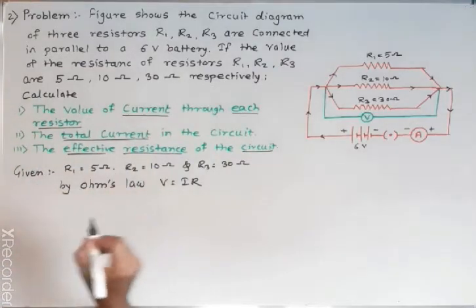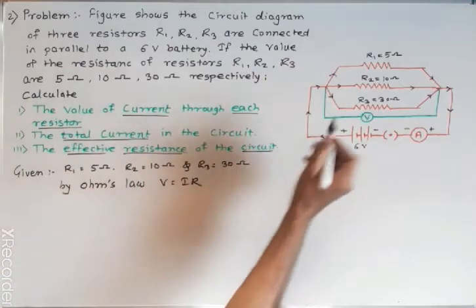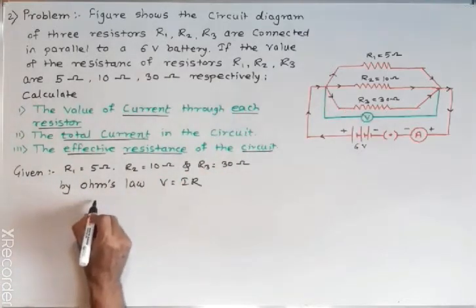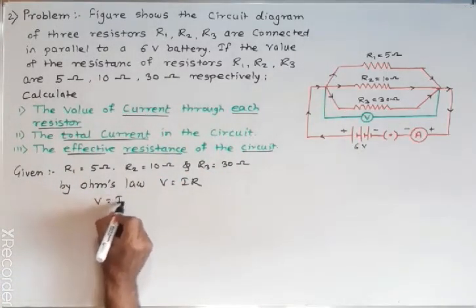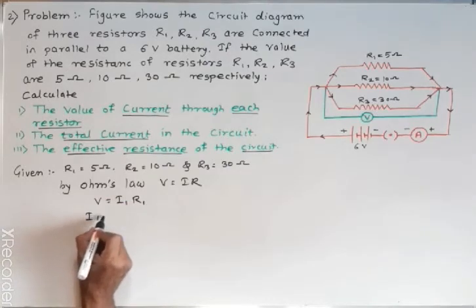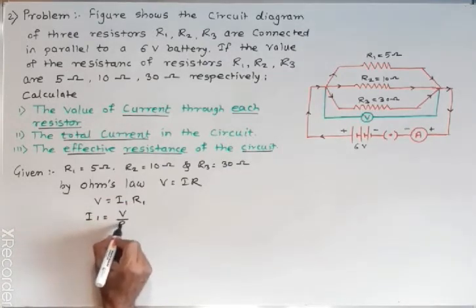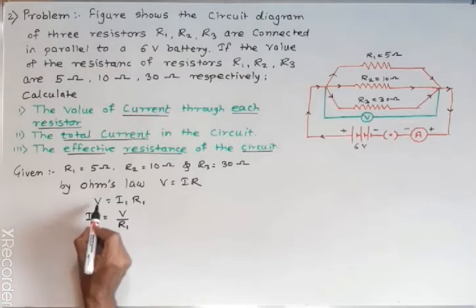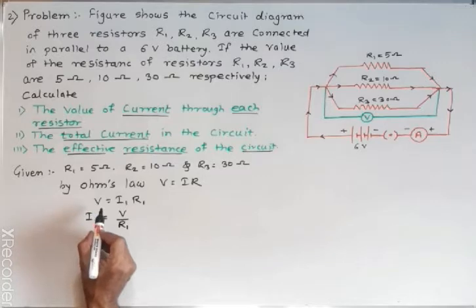Therefore, by applying Ohm's law for the resistor R1, I can write V is equal to I1 R1, or I1 is equal to V upon R1. I have not taken V1 because V remains constant across all the three resistors.